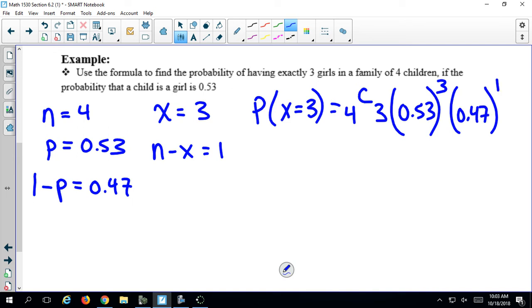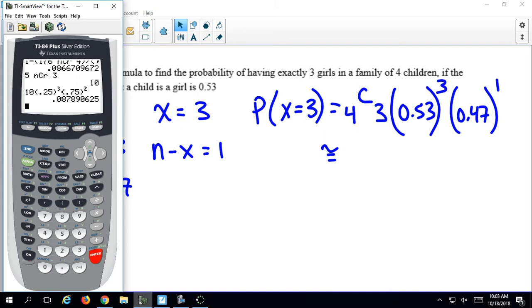So we're going to multiply 0.47 once because we had 1 boy. So let's see what this is. So 0.2799.